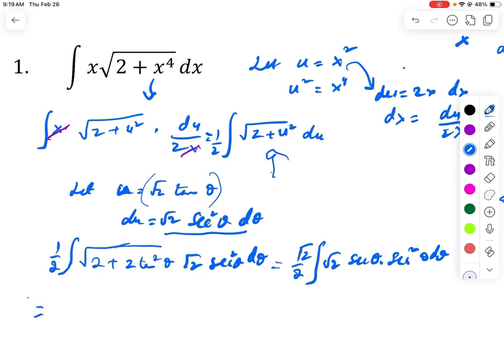Now the square root of 2 times square root of 2 is 2, so 2 over 2 is 1. So we are left with the integral of basically secant cubed theta.